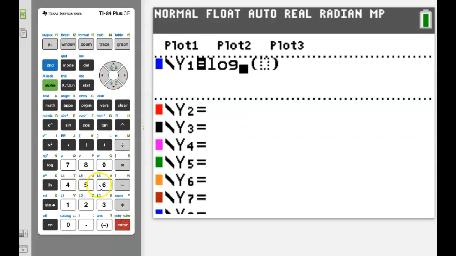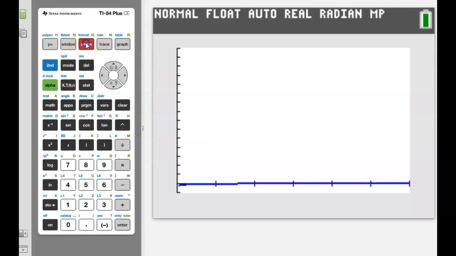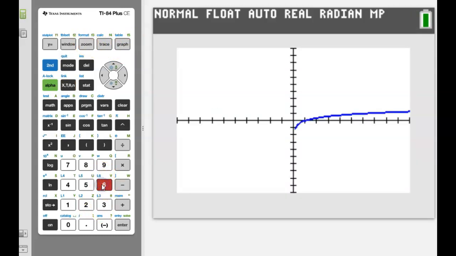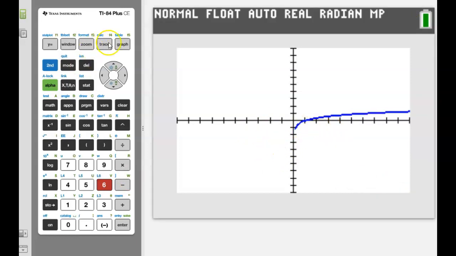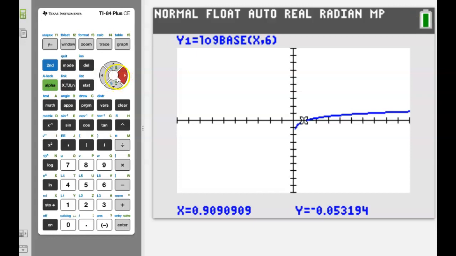Now base 6 is going to make it real skinny unless you change. Oh, start with a zoom 6. Now, do you see where I'm talking about? It's going to be hard to tell that it doesn't stop there. If you trace, even then, it will jump, okay?